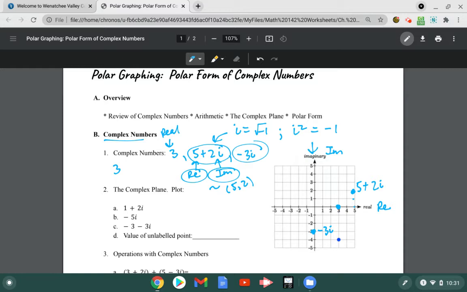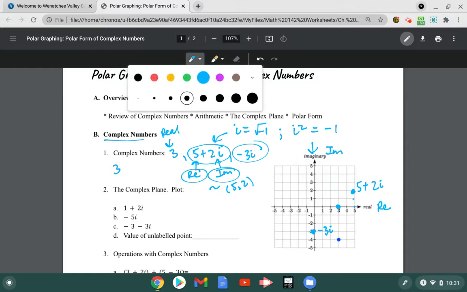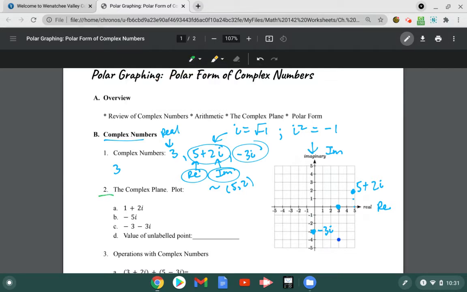Let's go ahead and plot the examples in number 2. I'm going to go ahead and switch colors, and we'll plot those in green instead. So for number 2, we want to do 1 plus 2i. That's going to be 1 in the real direction, and then 2 in the imaginary direction. So it's similar to the point (1, 2), and we plot it right here.